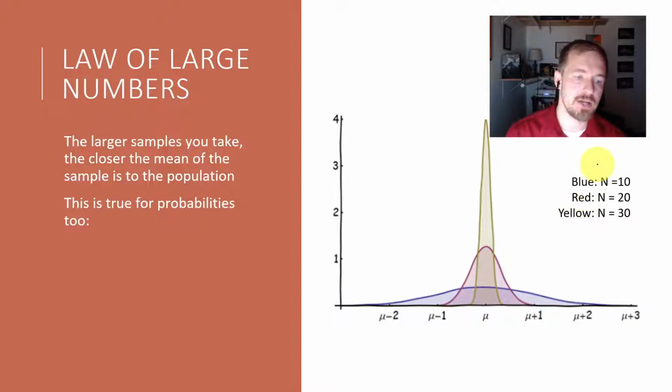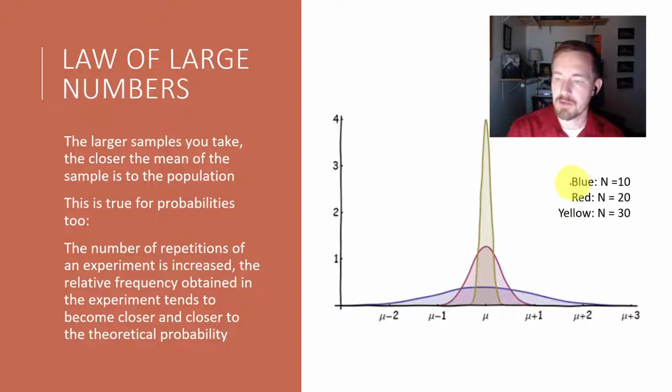What we're looking at here is essentially the same idea. Here we have an N of 10, capital N, which means this is how many participants we have. In blue, we have a lot of variability. It's a very wide distribution because we have very few people. Yellow is the tallest and the most narrow, so we're going to have the most accurate predictions in yellow because we have more people here.